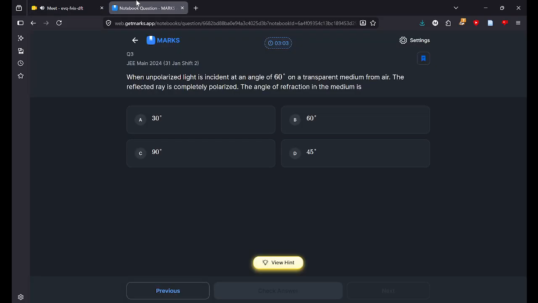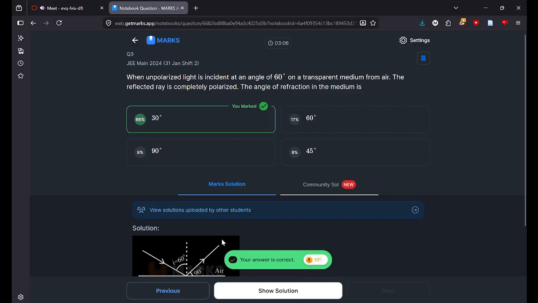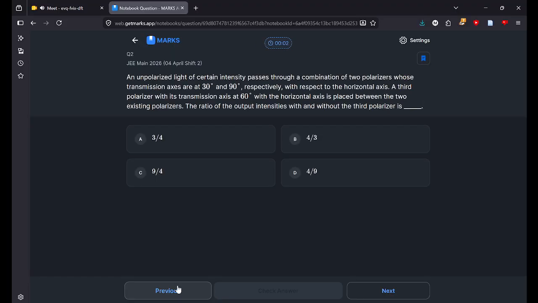So this is one type of question we see related to Brewster. That was correct. Now let's check another problem. It is telling that an unpolarized light of certain intensity passes through a combination of two polarizers whose transmission axes are 30 degrees and 90 degrees respectively with respect to some horizontal axis.